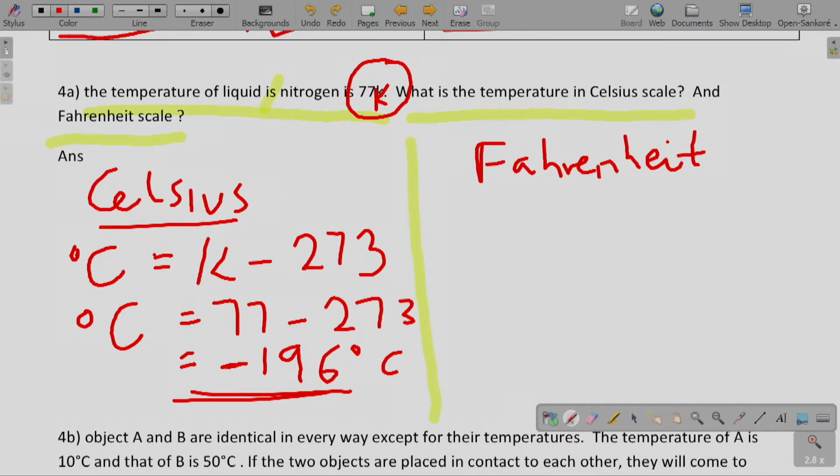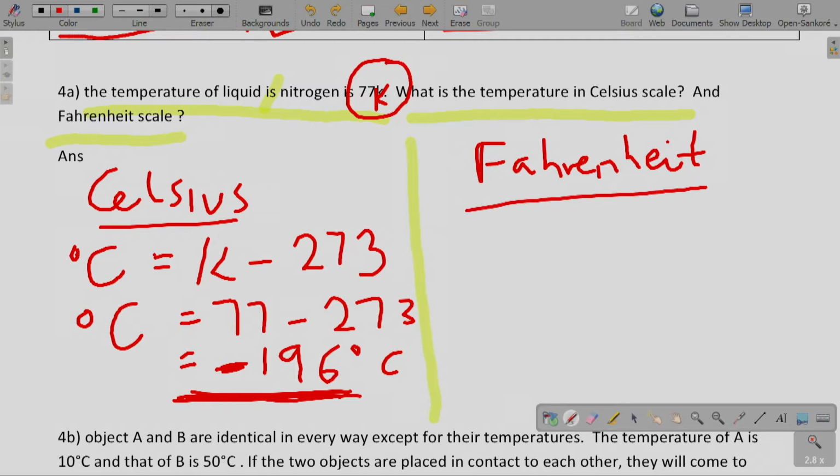See, there's a negative here. It means that this temperature is actually decreasing. So the negative should not confuse you. But remember, if something is in Kelvin, it cannot be negative. But if it is in centigrade, then it can be negative.